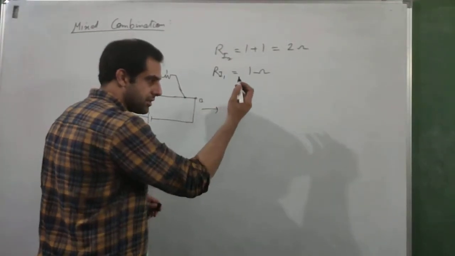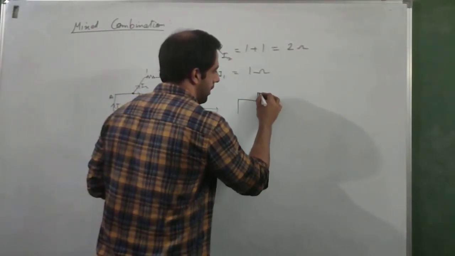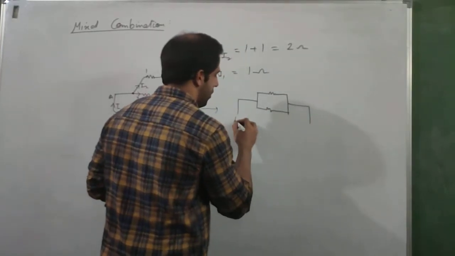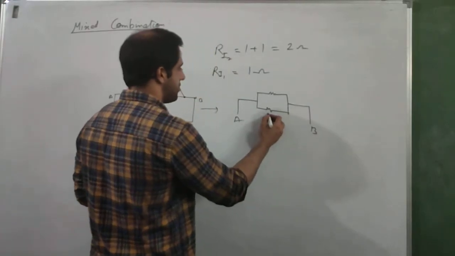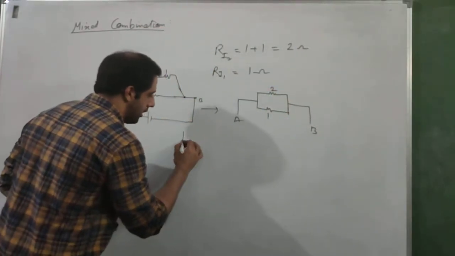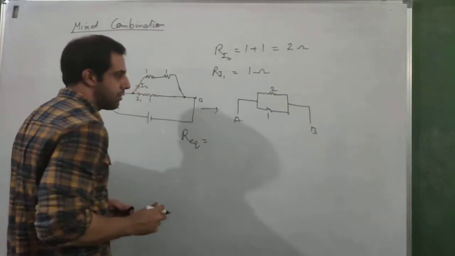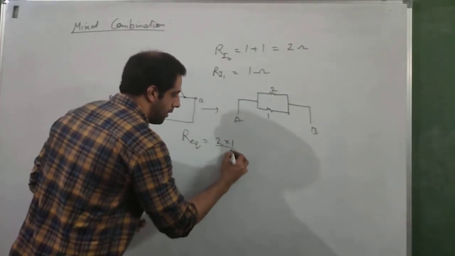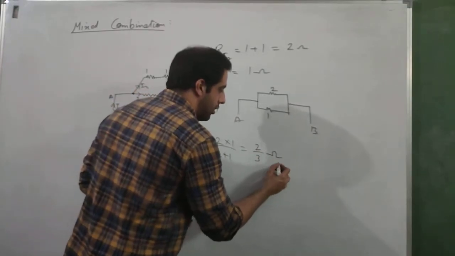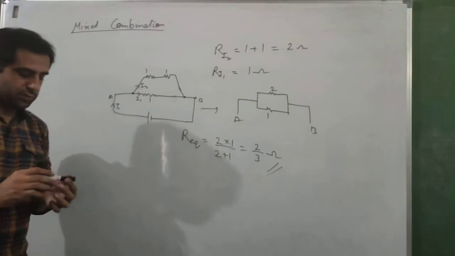So if I redraw this circuit, it will look like this. This is 1 ohm and this is 2 ohm. Now 2 and 1 ohm are in parallel to each other. So now you can find the final equivalent resistance. It will be equal to 2 by 3 ohm, and this will be the solution for this particular circuit.